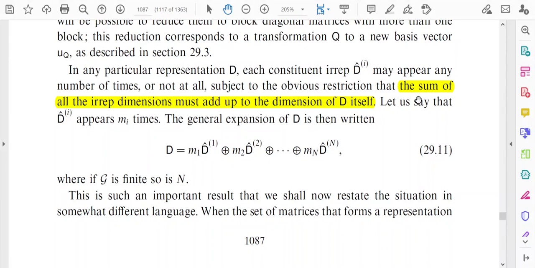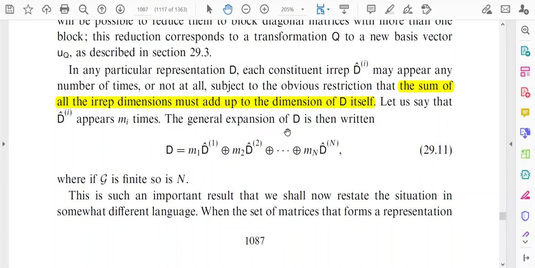This is very important. Now let us say that D-hat i appears m_i times.